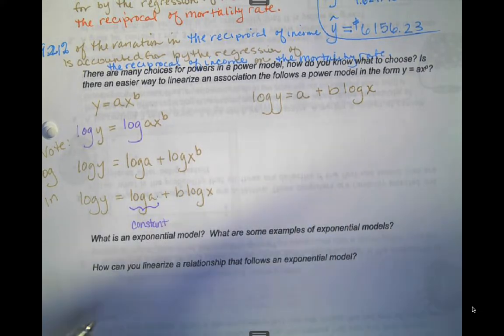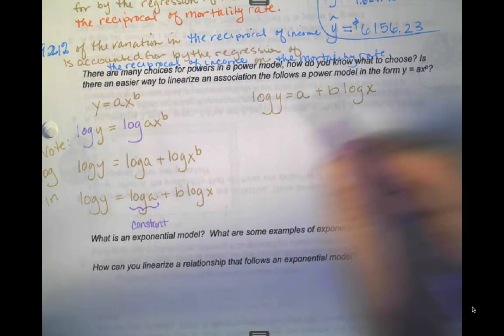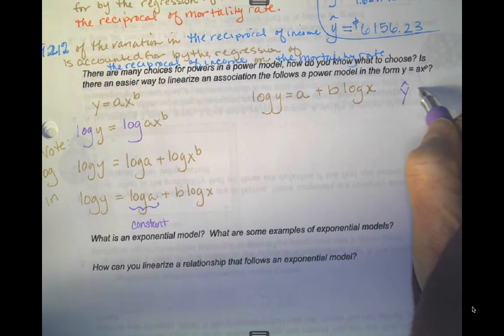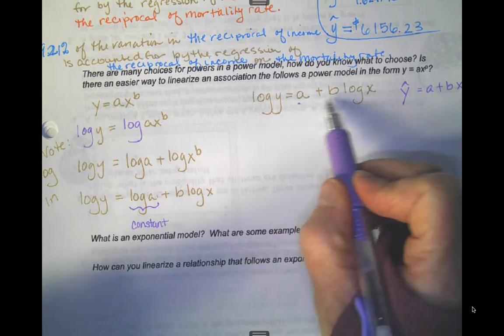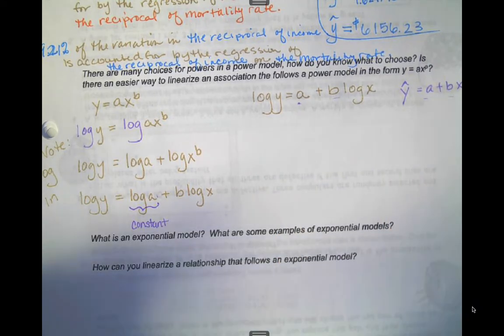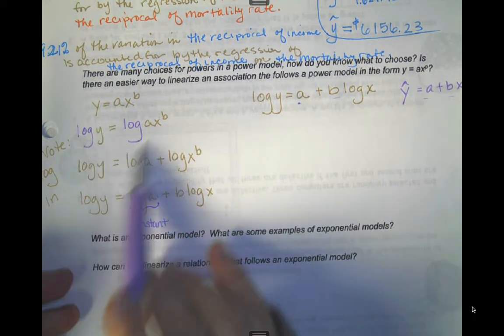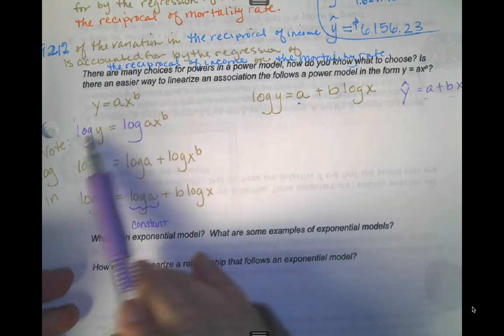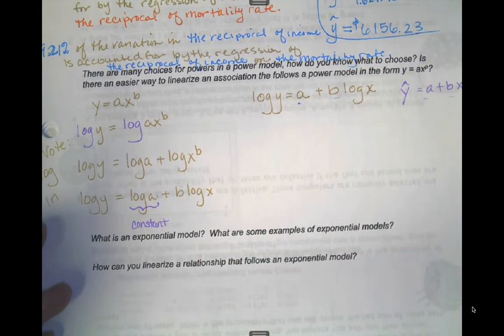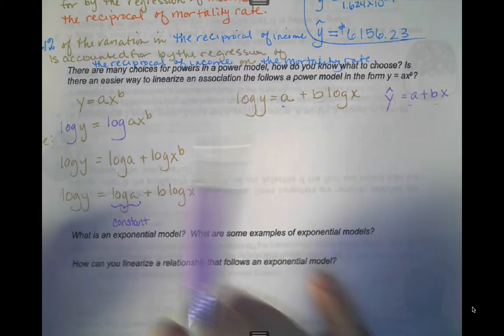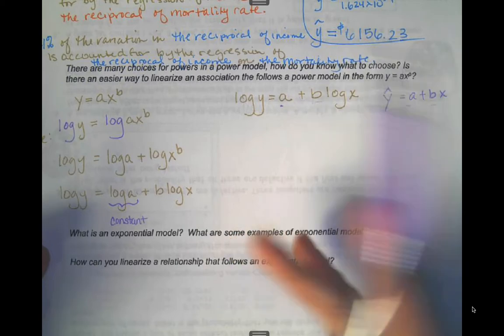If you notice here, this looks kind of like my y equals a plus bx, right? Because I've got the intercept and a slope. So basically what I did by taking the log or natural log of both variables, I end up with a linear relationship if the original relationship is a power relationship.